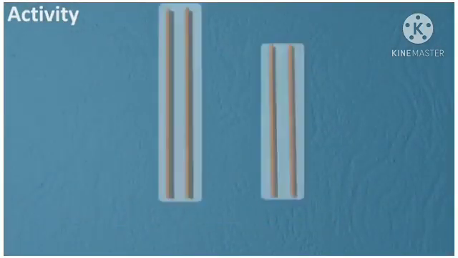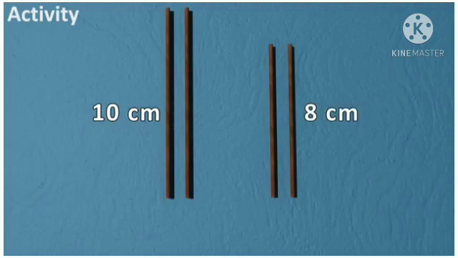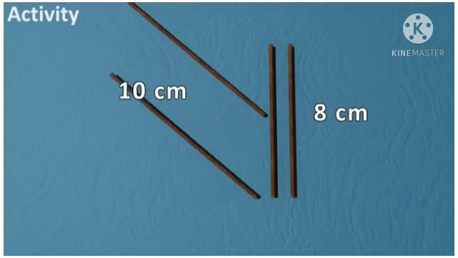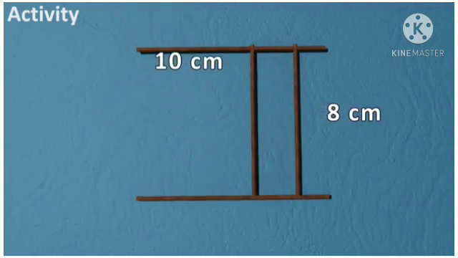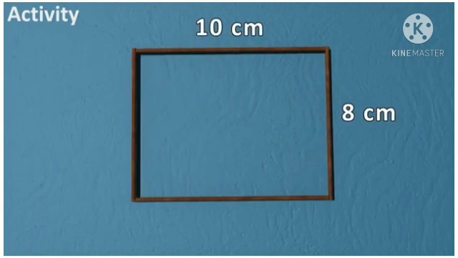Activity: take two pairs of sticks of equal lengths, say 10 cm and 8 cm. Now hang them up suitably to get a rectangle of length 10 cm and breadth 8 cm. So, with four available measurements, this rectangle has been created.